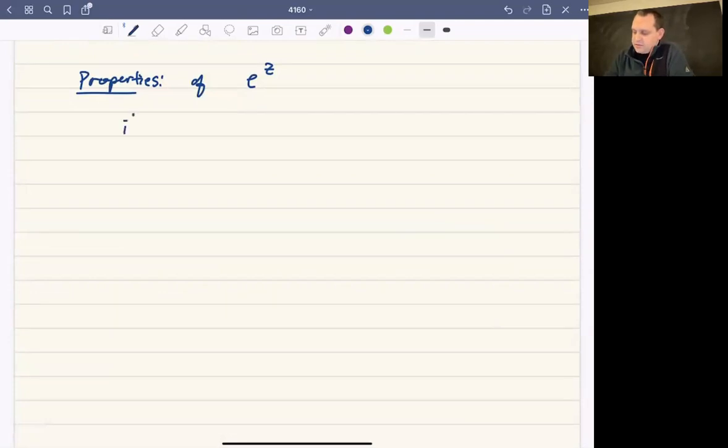So the first thing I want to do is let's talk about e to the 0. e to the i 0 is what I mean. e to the i 0 is cosine of 0 plus i sine of 0. And this gives us the usual 1. Okay, so e to the 0 is still 1.